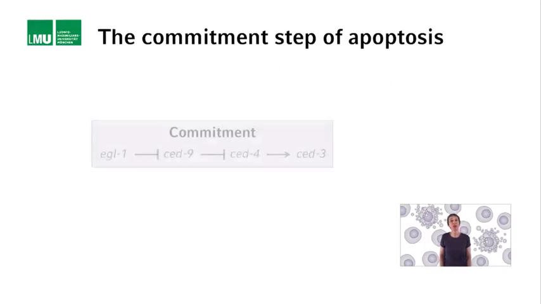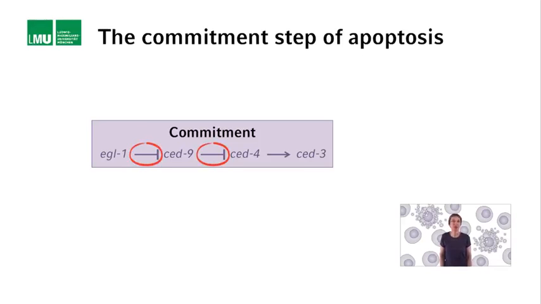Here now, the genetic pathway of the commitment step. It is a simple linear pathway with 4 components. The interactions between these 4 components are either negative or antagonistic, as between AGO1 and SET9, or SET9 and SET4, or positive or activating, as between SET4 and SET3. Based on this pathway, one can predict the activities of the genes.